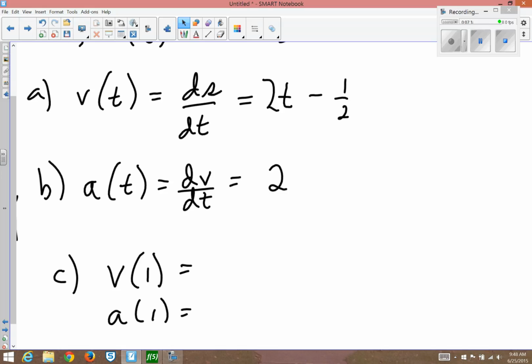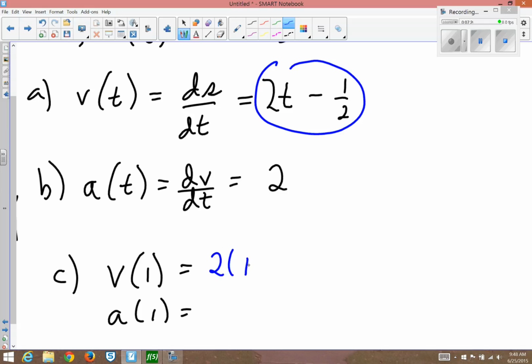So we go back up here: the velocity when t is 1 is 2 times 1 minus 1/2, which is 1/2. And we're going to label that because of the definition of velocity. The label is meters per second.